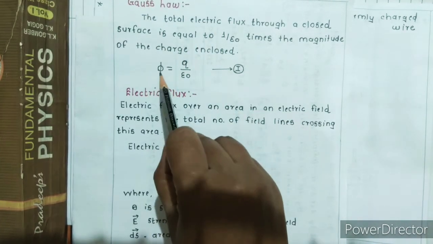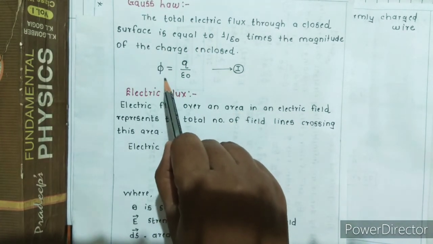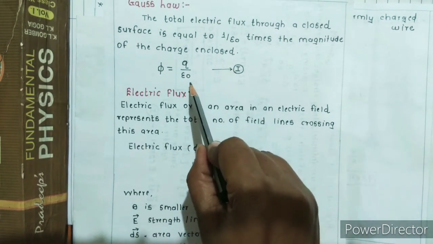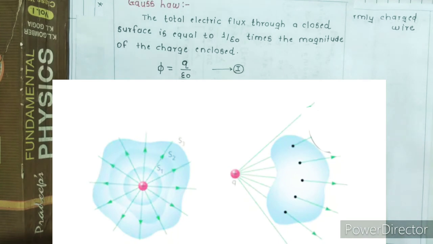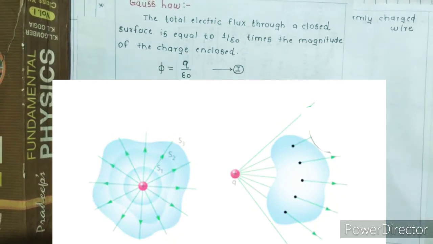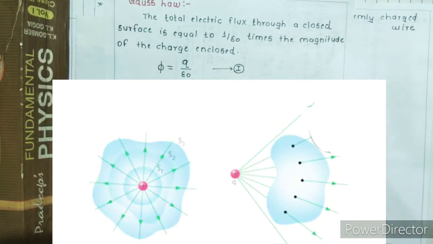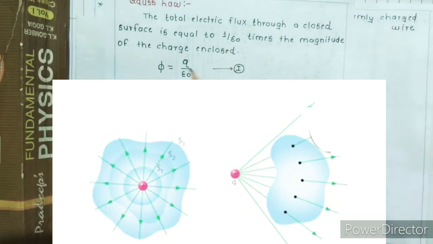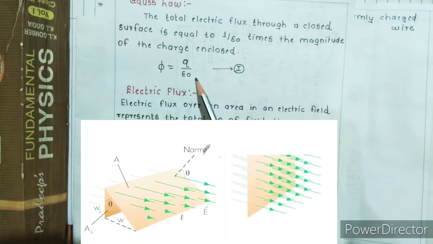So phi, the total net electric flux, is equal to Q upon epsilon 0. It means if a charge is enclosed in any closed surface, the total electric lines of force passing through that surface is always equal to the total charge divided by the permittivity of that particular medium.